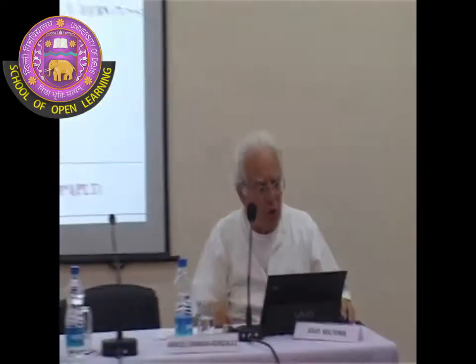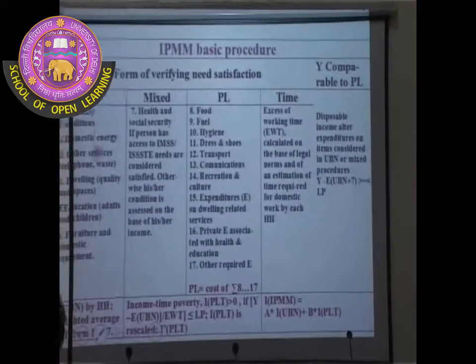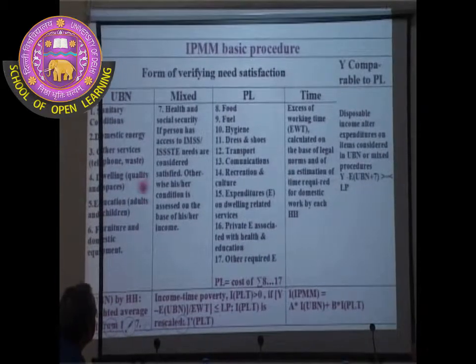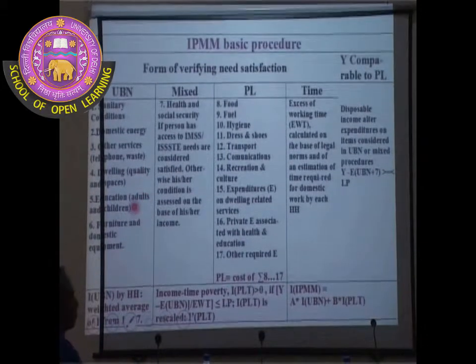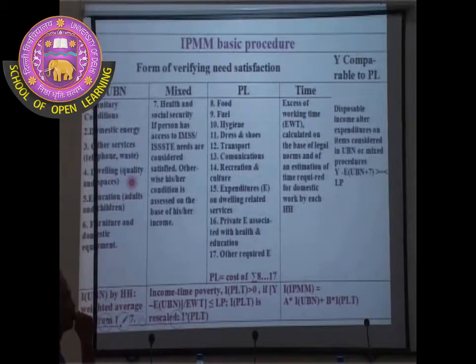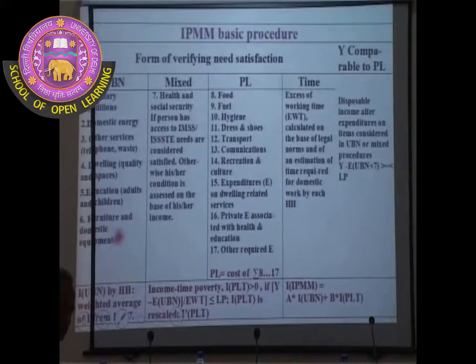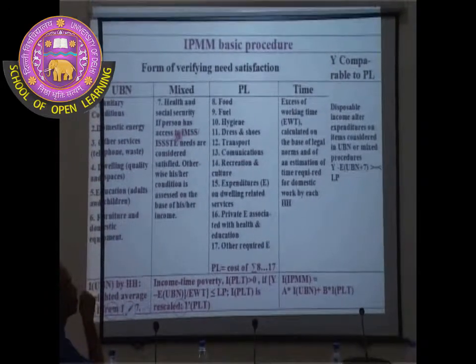This is the procedure of IPM, the improved version. Some dimensions are covered by UBN, like sanitary conditions, domestic energy, other services like telephone, waste disposal, the quality and spaces of the dwelling, education, and furniture and domestic equipment.